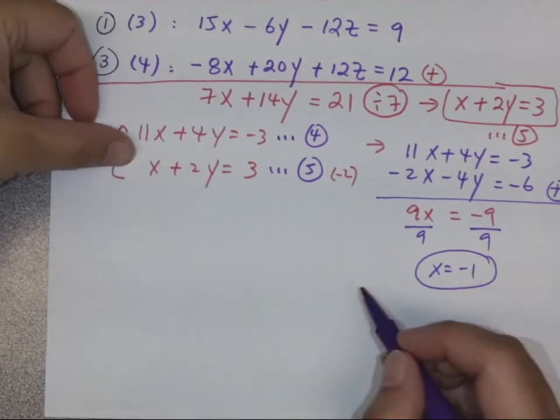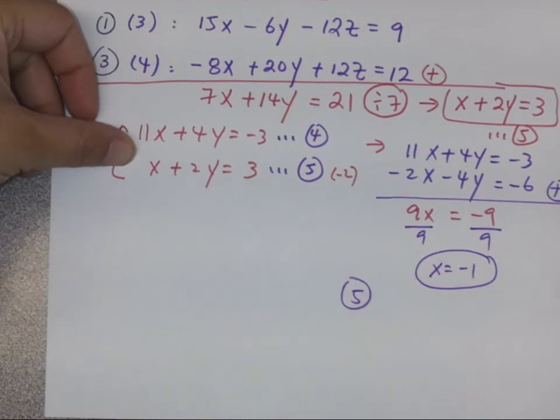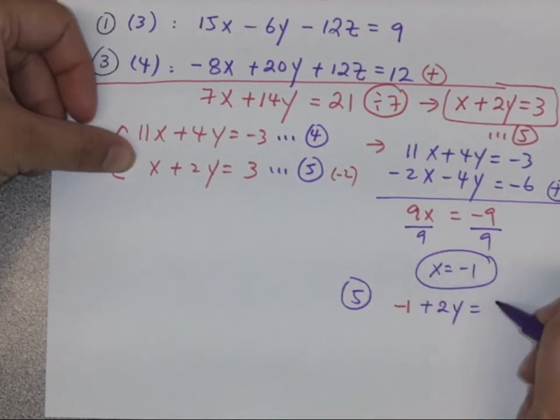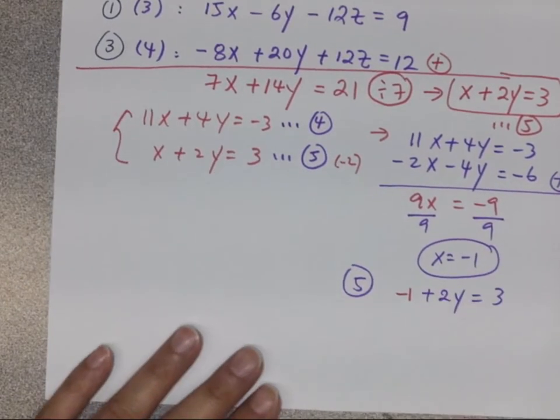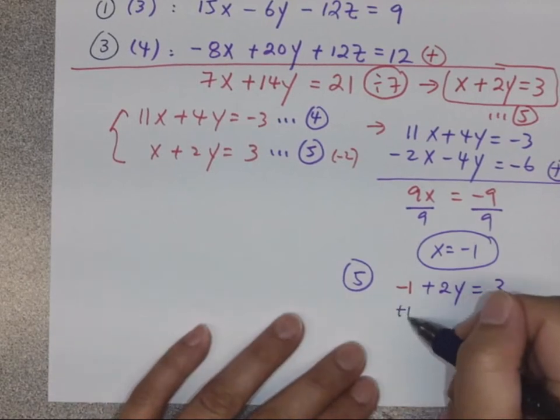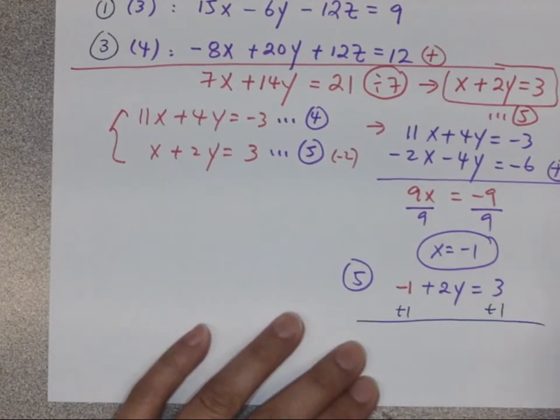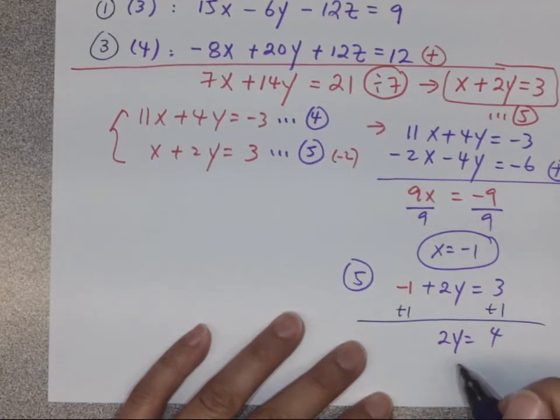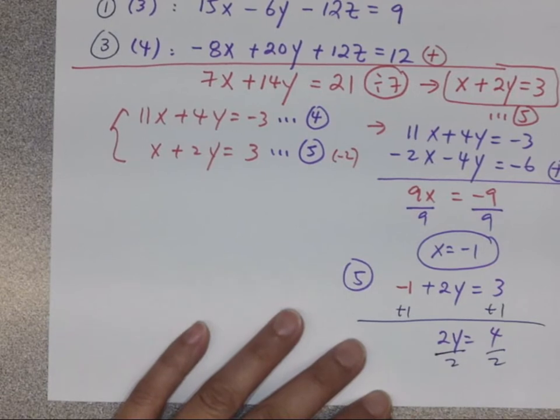So I can pick maybe equation 5 because the numbers seem to be smaller. We can plug in negative 1 for x: negative 1 plus 2 times y equal to 3. What is y? We add 1, 2y equal to 4 and y equal to 2.